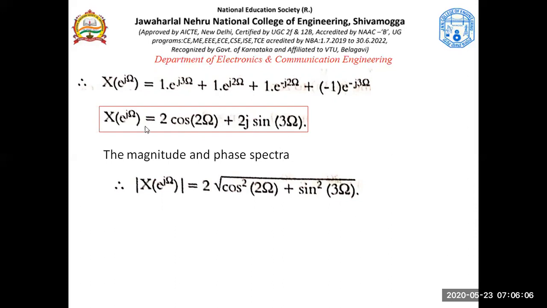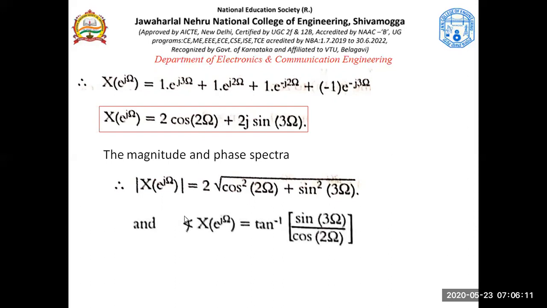Fine. Now what is phase? This is the symbol they use to denote the phase of the signal. There are different notations also, but let's use this notation, and as you all know, it's tan inverse of b by a.